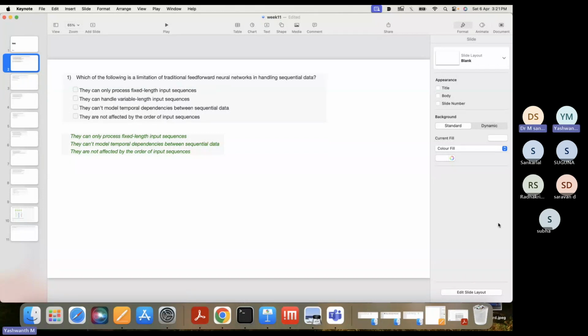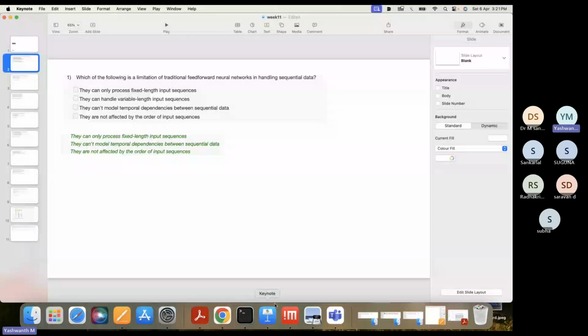What do you mean by optimizable? Optimization techniques, whether the optimization algorithm can be applied for it. Yeah. There's nothing special about RNNs from the optimization point of view.